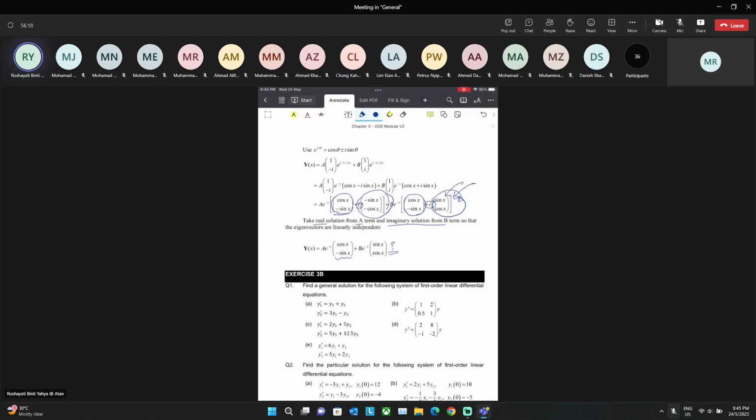Previously I think that is a typo without I, but this has no I. So just take the real part. Not a big deal, not a big problem for you because for both A and B we have the same real, but for imaginary you just take the second one.